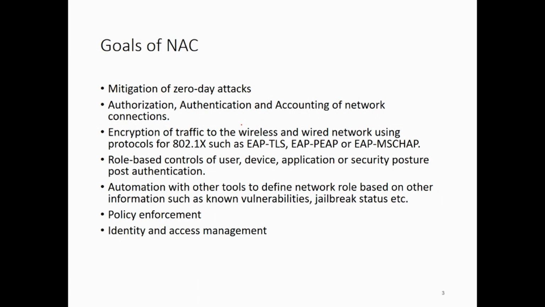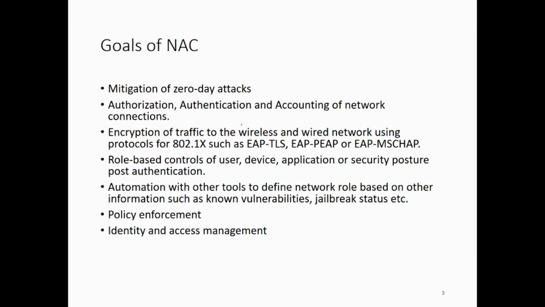Also, we can use network access control to define role-based control, which means defining each user and the role of that user on every device, every process, and every application in the network. We normally use that role-based control to detect any intrusion in the network.